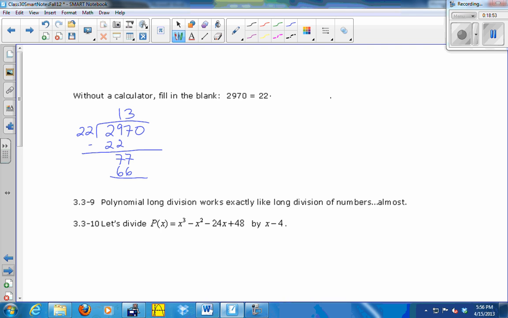So we get 11, bring down the 0. 22 goes into 110 5 times. 5 times 22 is 110. You subtract. And once you get this 0 here, then you know you're done because that's the remainder, right? Once you get a number smaller than 22, you're done. And if it's a 0, it went in evenly, right? So we know that 2,970 can be written as 22 times 135.